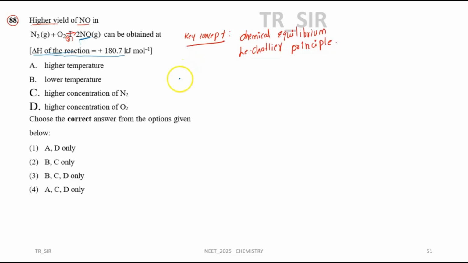Now, first, the temperature factor in Le Chatelier principle. If it is an endothermic reaction, enthalpy will be positive only, no?